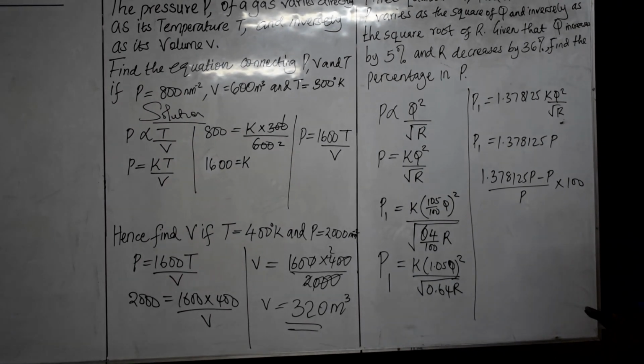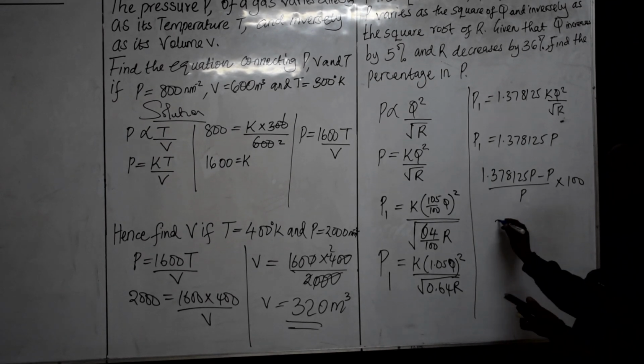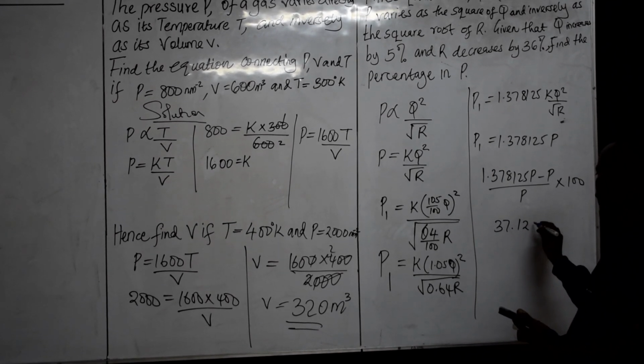The P will cancel out and we get the percent change as 37.125%.